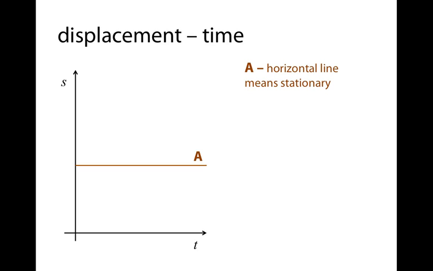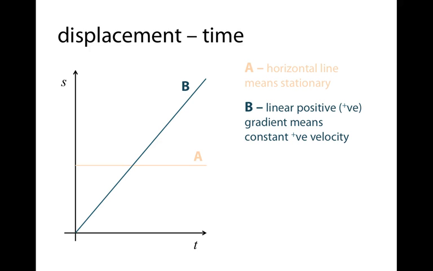So to interpret the graphs, let's look at them one by one. And we'll start off with a displacement time. So the displacement, or s, is on the y-axis, t time is on the x-axis, and the first line that we'll examine is a horizontal line. And a horizontal line on a displacement time graph means a stationary, a non-moving object.